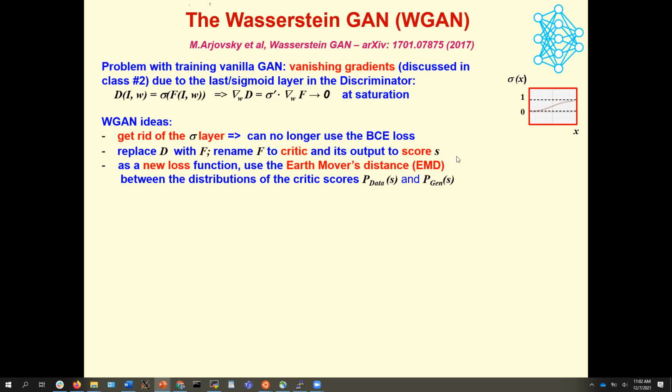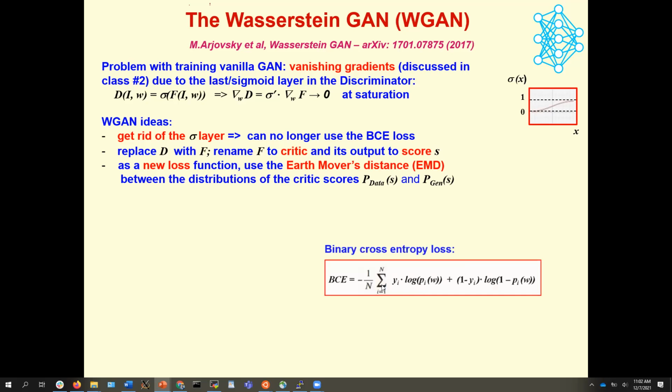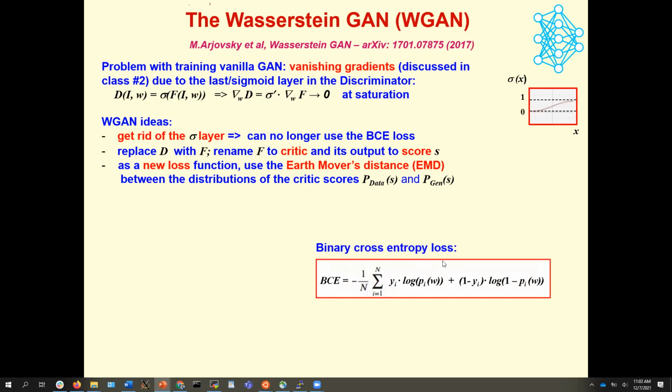Since we do not output a value between 0 and 1 that can be interpreted as a probability, we can no longer use the binary cross entropy loss function that the discriminator used before we removed the sigma layer. We need a new loss function for that purpose.